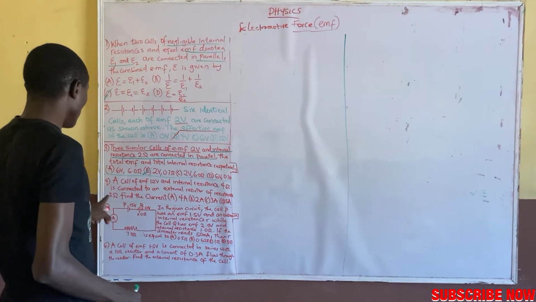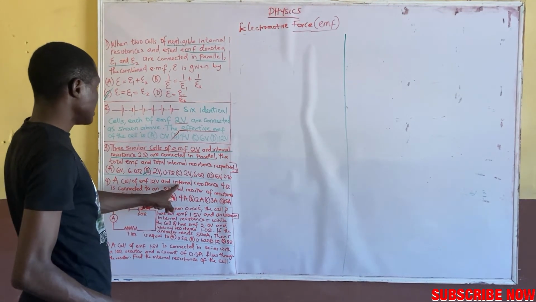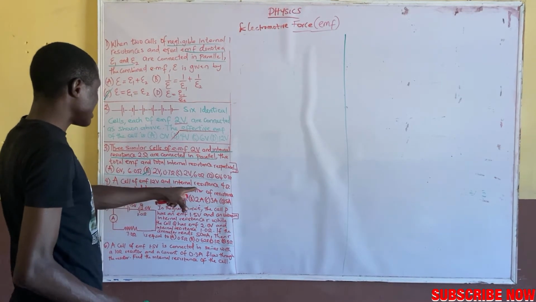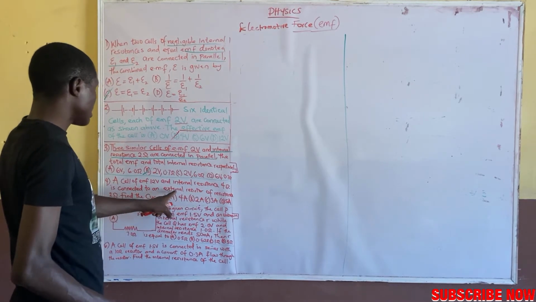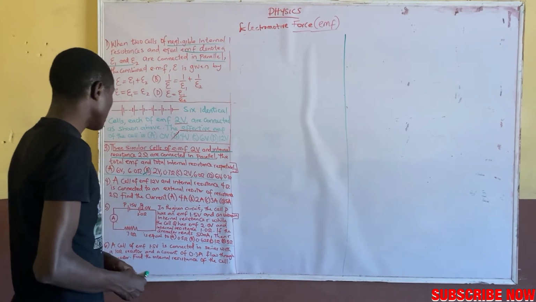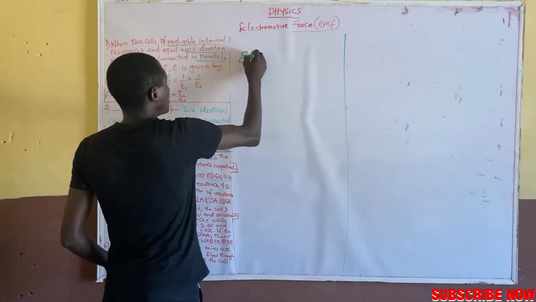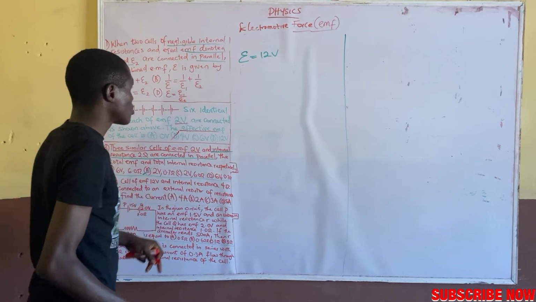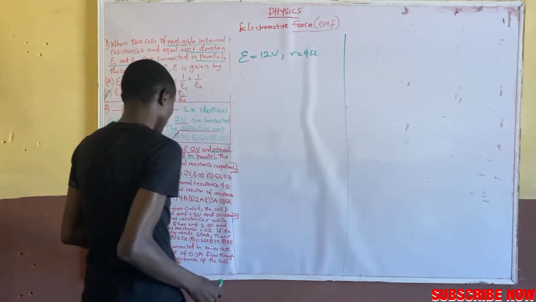Now, a cell of EMF 12 volts and internal resistance 4 ohms is connected to an external resistor of resistance 2 ohm. Find the current. The cell has an EMF of 12 volts and internal resistance r equals 4 ohm.